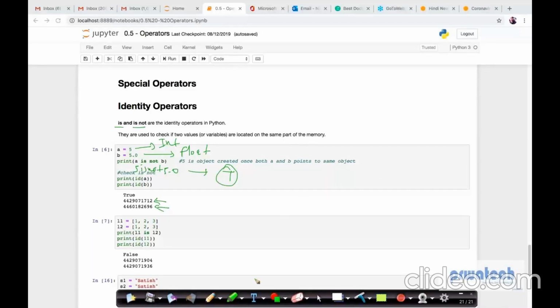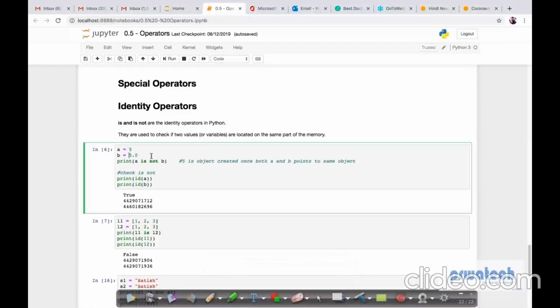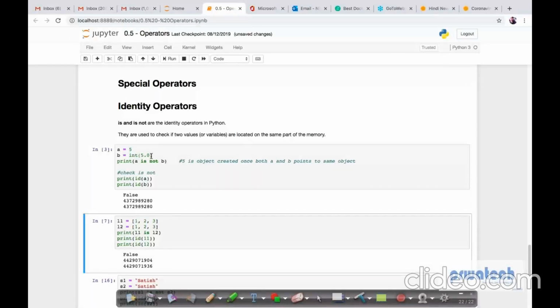But if I write integer before 5.0, just one hint, then the answer must be false for is not, because both are integers. Am I saying 5 is not 5? No, 5 is 5. Integer is integer. Getting me?